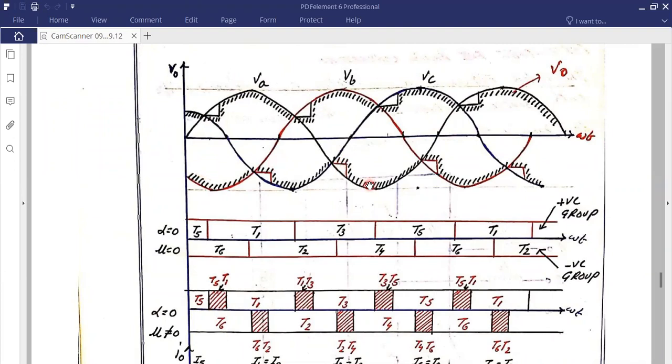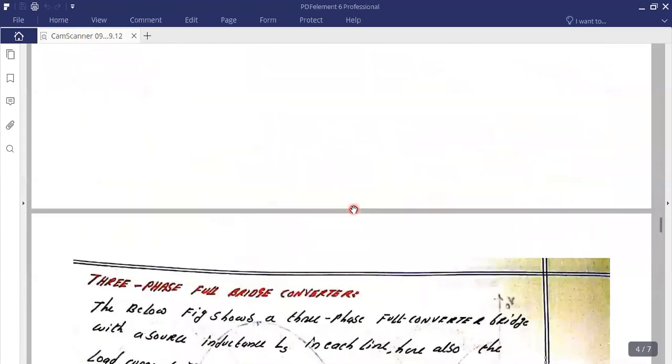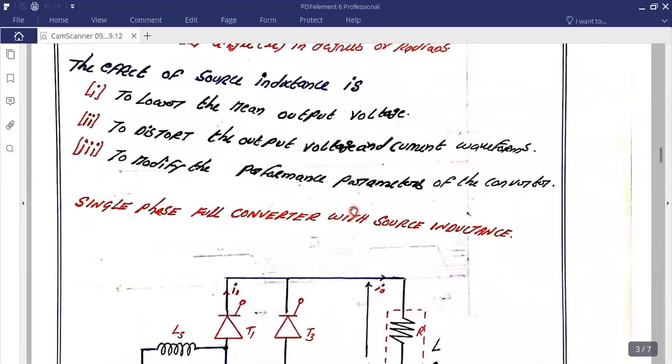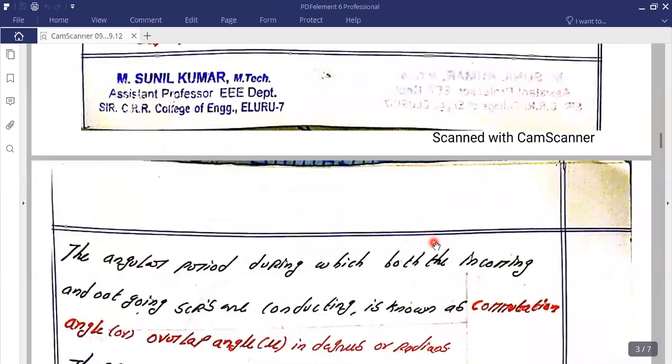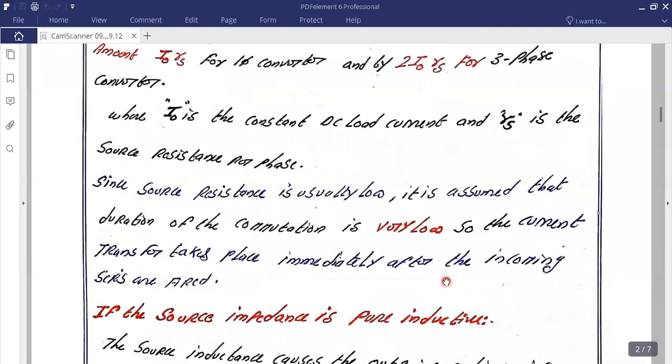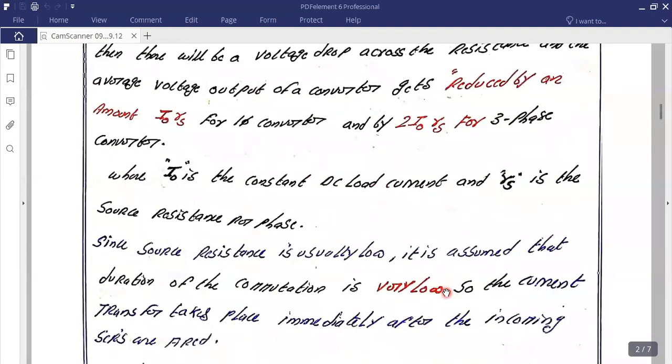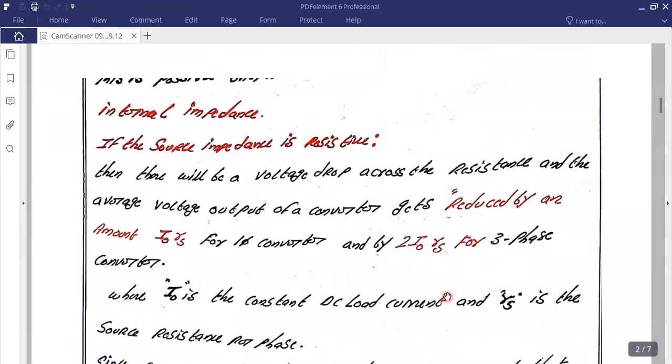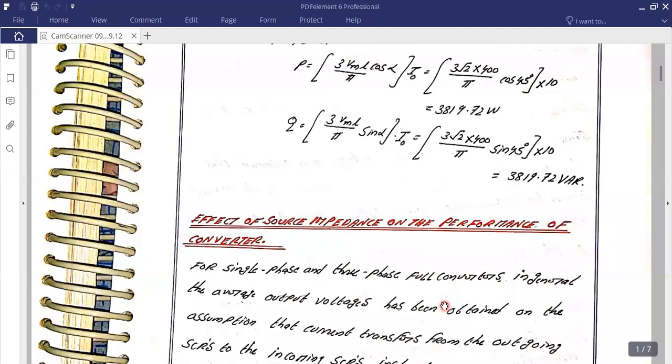Okay, so here simply copy this one, as this is going to be somewhat an important question. Place the side heading as the effect of source impedance on the performance of a converter.